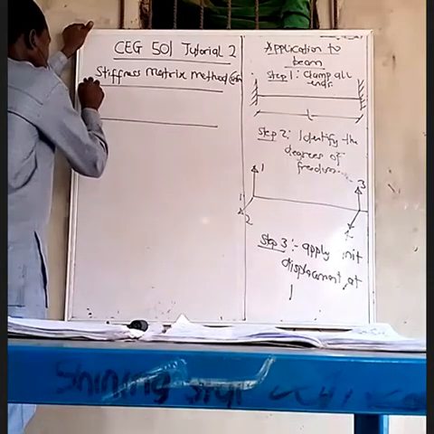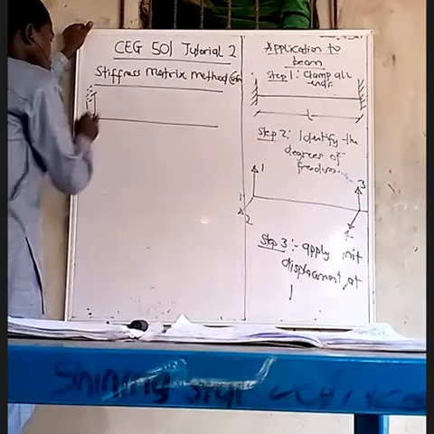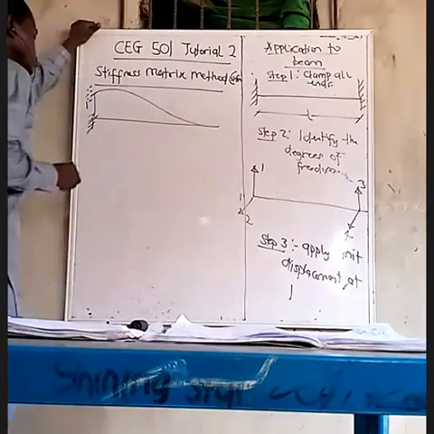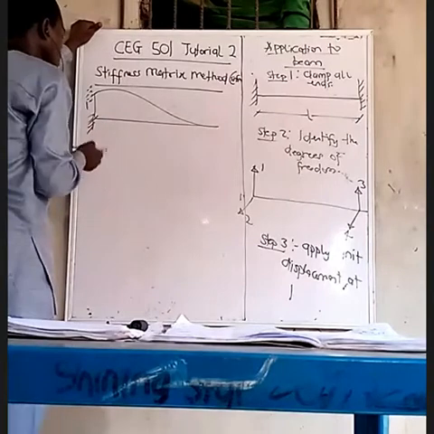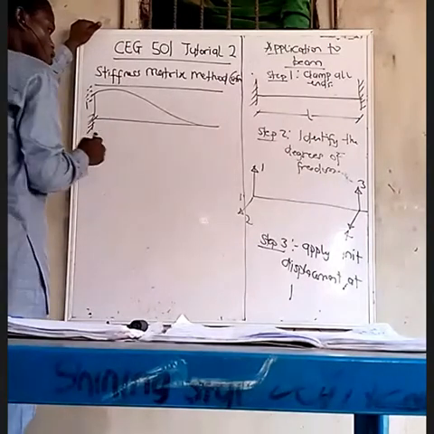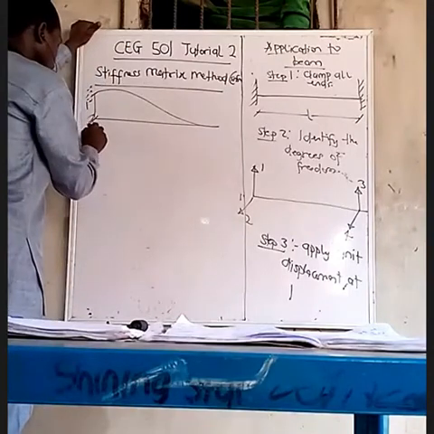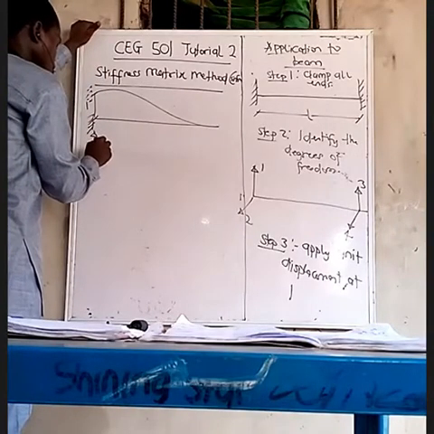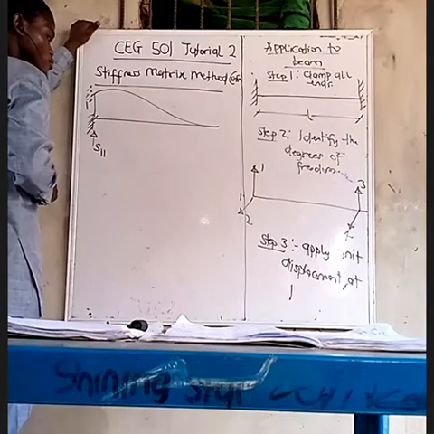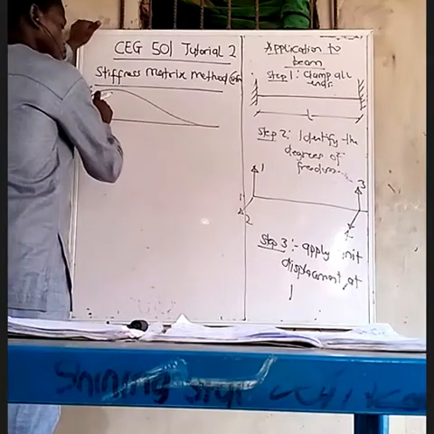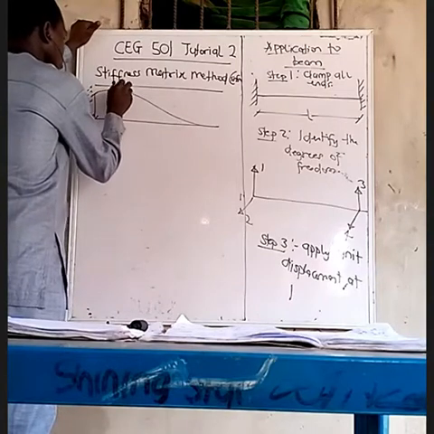It is fixed. It was here before, and now it has moved to this place. So this will be the elastic curve. And we have S11.